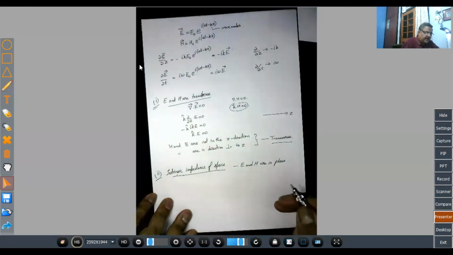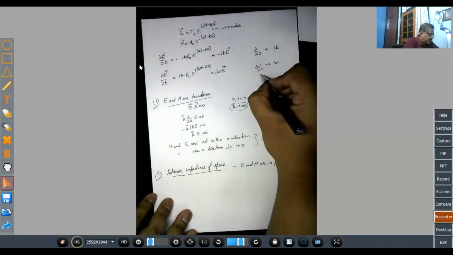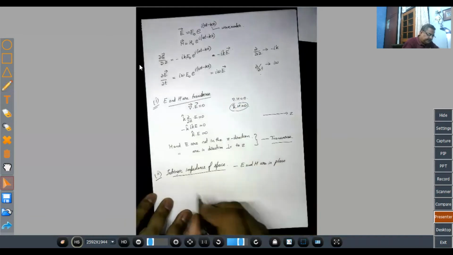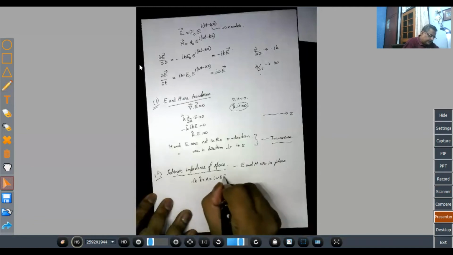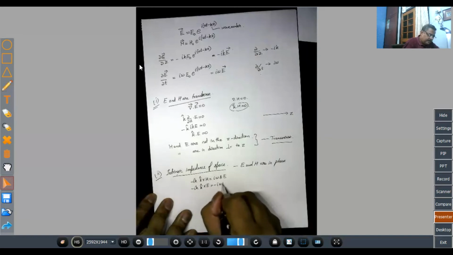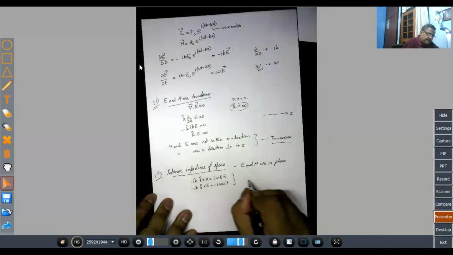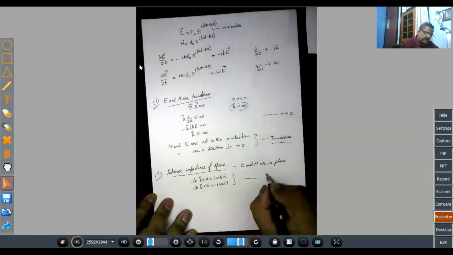We will substitute the value of del cross E from this one and del by dt from this one, and simplifying, what we'll get will be this, and the other equation will be this. This is equation 7.